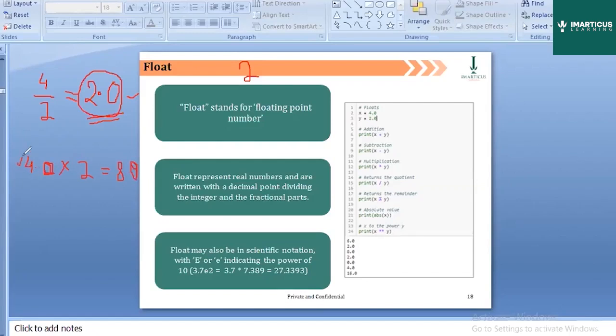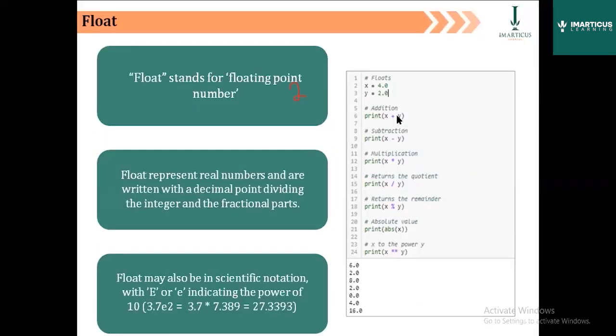So in case of multiplication, if one of the elements is a floating point number, the result is always going to be a floating point number. And the same will be the case with addition: if you try to add two floats, the result will be a floating point number. Similarly in subtraction and multiplication. Now this is a quotient division, right?